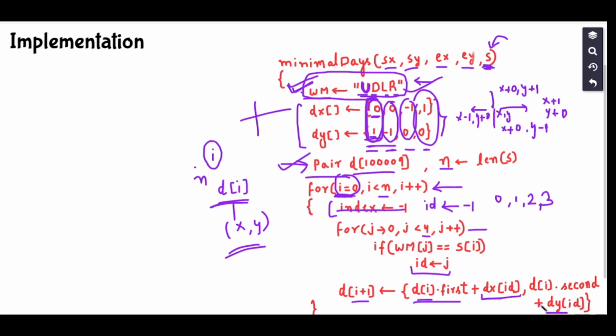Simple. This is going to store the position of the ship after it has moved in the direction which this position in the weather forecast string represents. That's the purpose. Let's see the next slide.